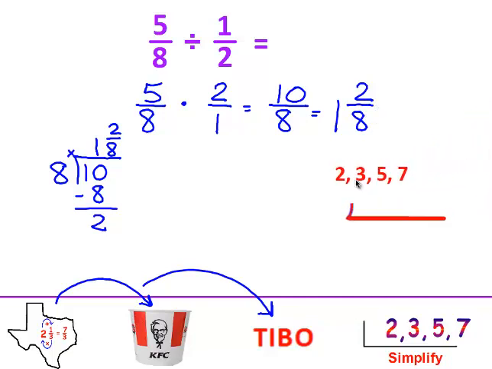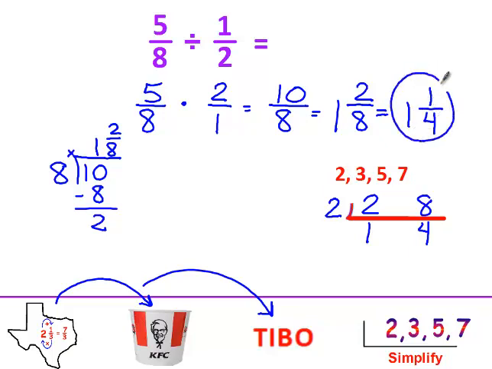So there are my magic numbers, and I write down 2 and 8. Well, I can divide them both by 2 because they're even. And I know you can't go any lower than that because 1 is smaller than all the magic numbers. So it simplifies to 1 and 1/4.